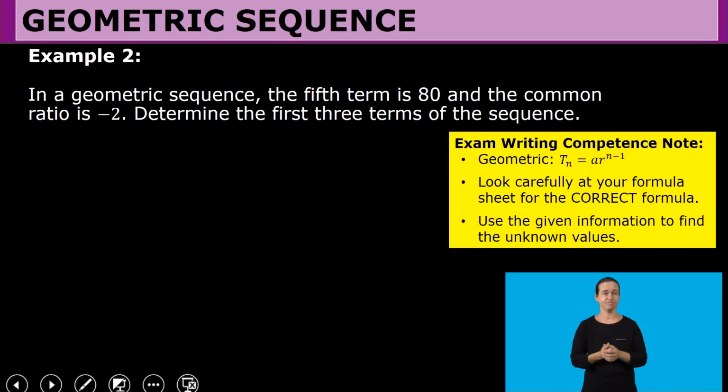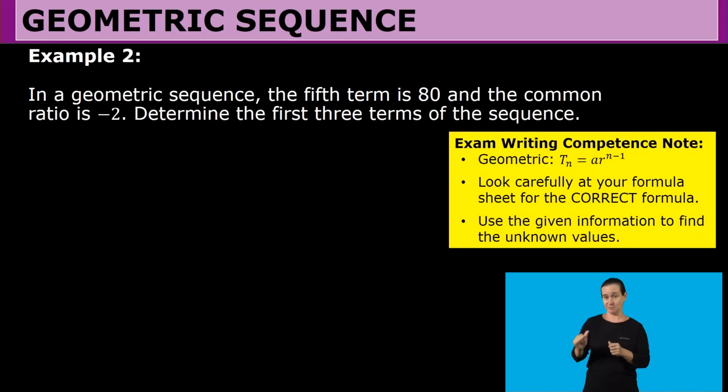The second example says, in a geometric sequence, the fifth term is 80 and the common ratio is negative 2. So now we have been given the fifth term and the common ratio, which means we have been given term 5.